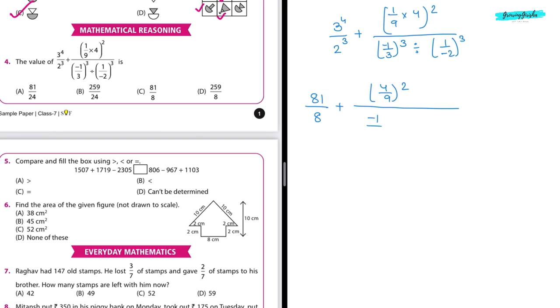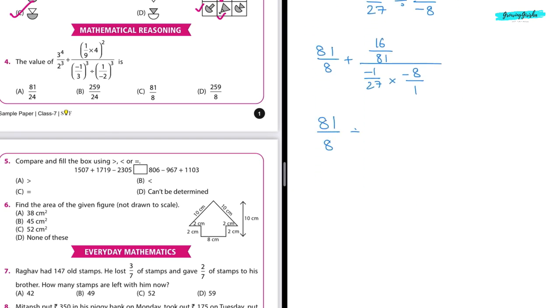Cube of minus 1 will be minus 1 and cube of 3 will be 3 3s are 9, 9 3s are 27, divided by 1 raised to the power 3 is 1 upon minus 2 raised to the power 3, which is minus 2 into minus 2 is 4, into minus 2 is equal to minus 8. 81 upon 8 plus square of 4 is 16 upon square of 9 is 81 upon minus 1 upon 27 divided by 1 upon minus 8 can be written as minus 1 upon 27 into minus 8 upon 1. Whenever we divide two fractions, we reciprocal the other one.